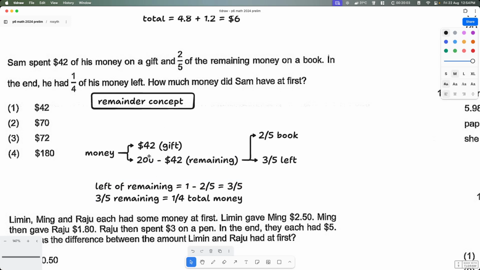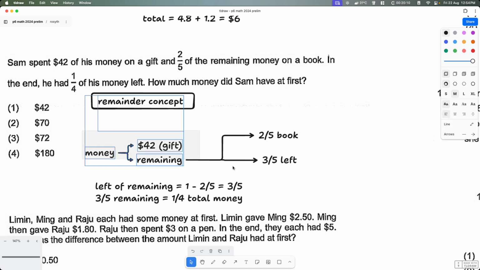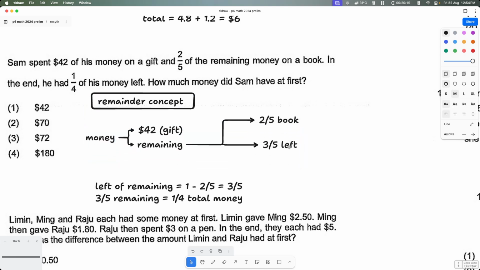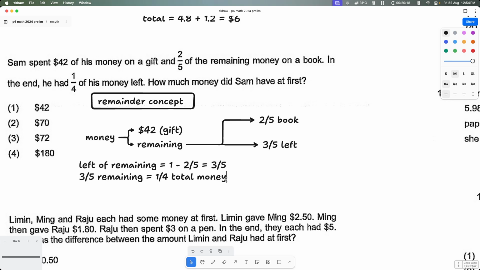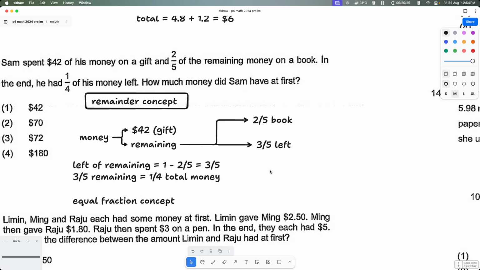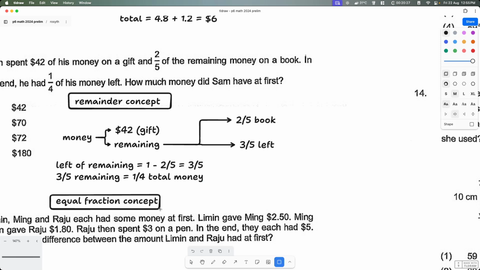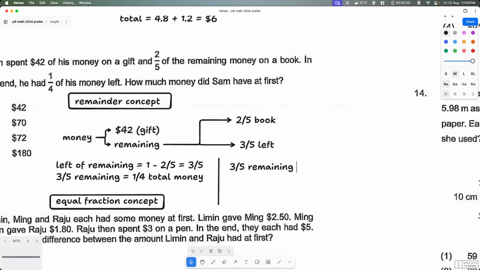So we just put it as remaining, because it's much easier that way. So 3/5 is equal to 1/4. So this is, let's do equal fraction concept. So that means in this case, 3 out of 5 remaining equal to 3 out of 12 total money.